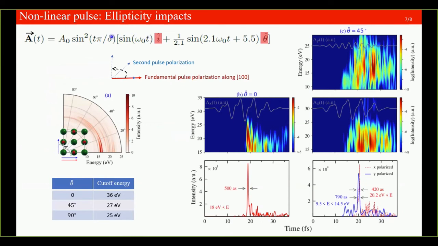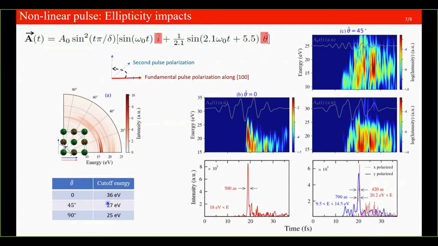Let's move to the nonlinear pulse. Now, our first pulse is fixed and is along the 100 direction, but our second color rotates from the X direction to the Y direction.